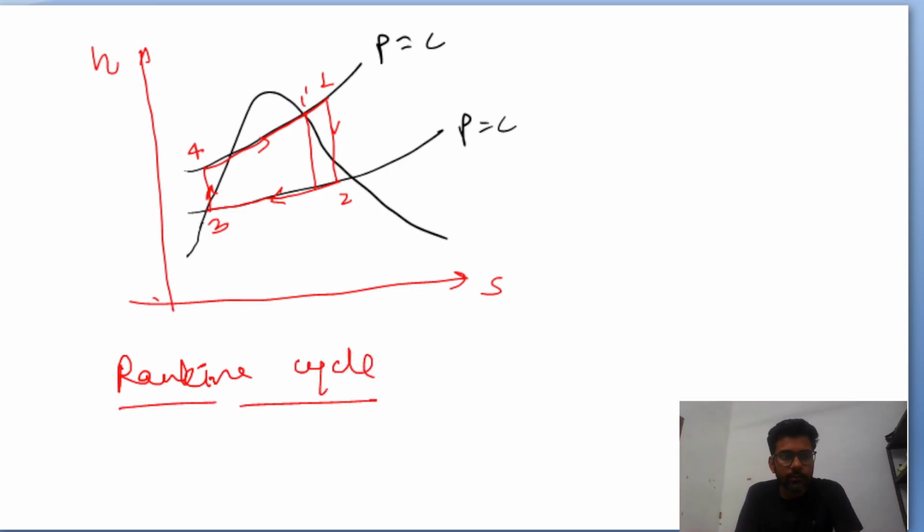Now we calculate the enthalpy at different points. This is QS, this is QR or QC. This is WT.